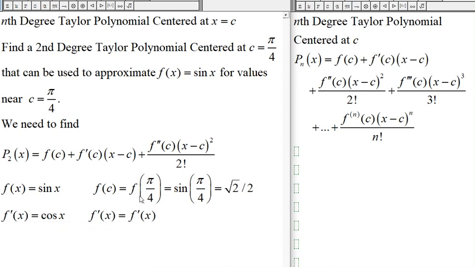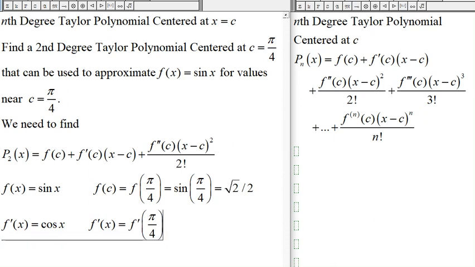And again, c is pi over 4. So in the place of c, we put pi over 4. And this will be cosine of pi over 4, which is also the square root of 2 over 2. So now we've got f prime of c.